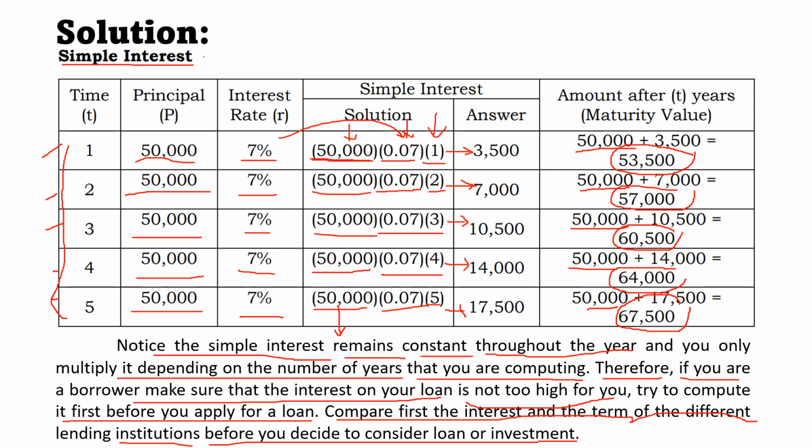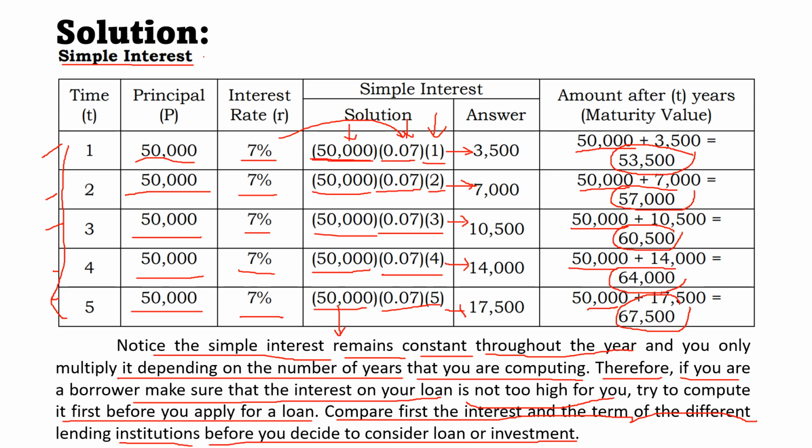So you need to look for two, three, or more lending institutions or banks that offer different rates of interest and terms, or on how long you will repay the amount you borrowed from them.